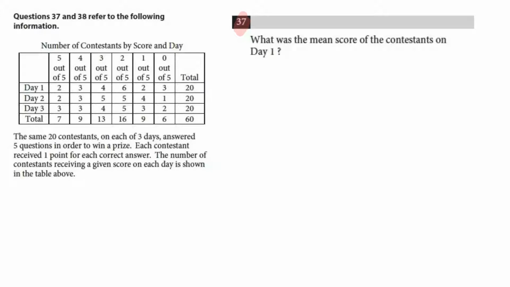Alright, so on day 1, it's right here. We know that there are 20 contestants. And we know that 2 of them scored 5. That would be 10. We know 3 of them scored 4. That would be 12. 4 of them scored 3. That would also be 12. 6 scored 2.